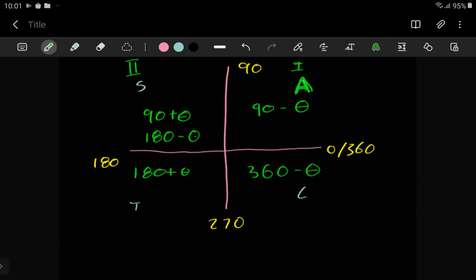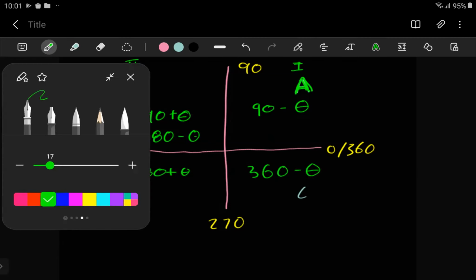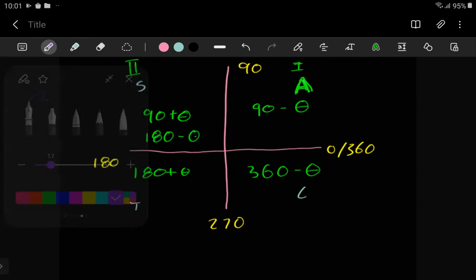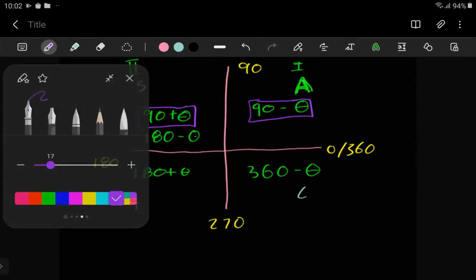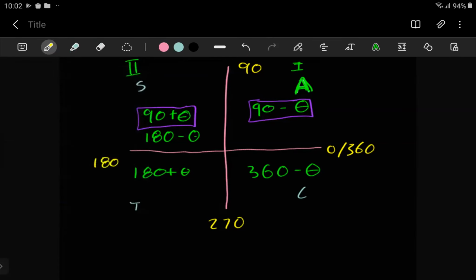Perfect. So all you have to remember is that only when you're dealing with the 90, that's the only time when your trigonometry ratios change from sine to cos and then vice versa. That's the only time. Let's not worry about the 90s for now. Let's deal with the 180 and the 360 for now.